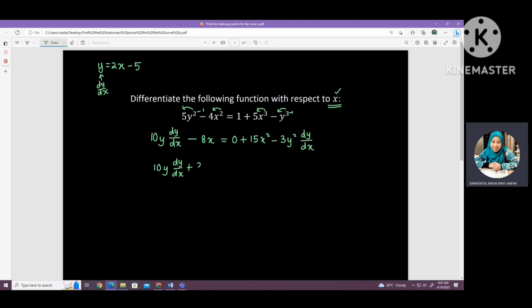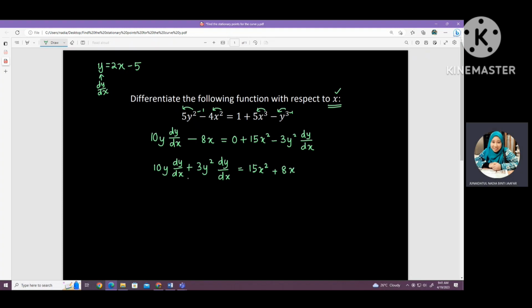So we have plus 3y squared dy/dx is equal to, for the right side we have 0, which we don't have to write, so plus 15x squared, and negative 8x we bring to the right will give you plus 8x.